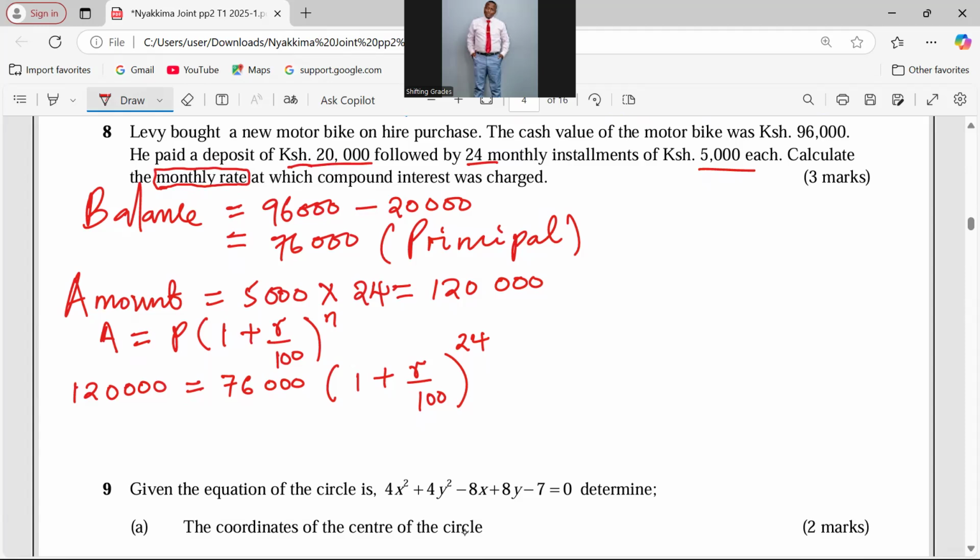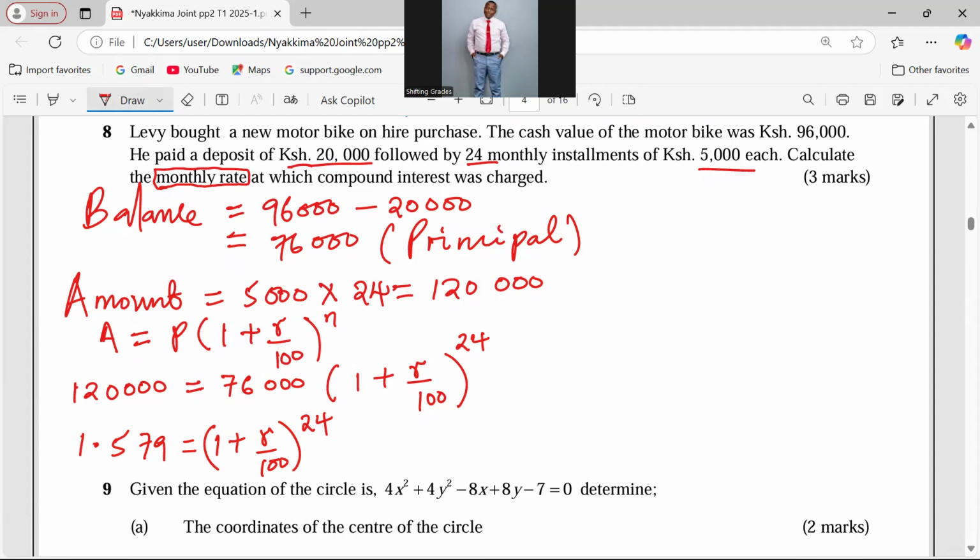So we can divide through now. 120,000 over 76,000 will be 1.579. This is equal to 1 plus rate over 100 raised to 24. Now, to do away with this power, we have to obtain the 24th root on both sides.